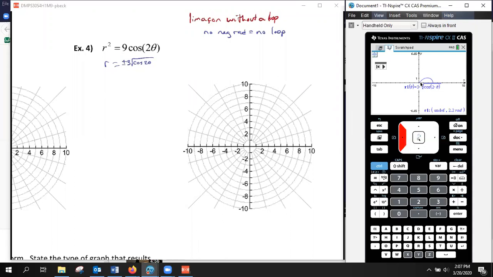Lemniscates are a little bit fatter than a typical rose petal, but you have an imaginary petal that's being created down here. So when you look at a lemniscate, this would have 4 petals, but because we're not able to have negative answers come out of this, the 2 petals that were negative radii end up giving you only 2 petals that we can see.